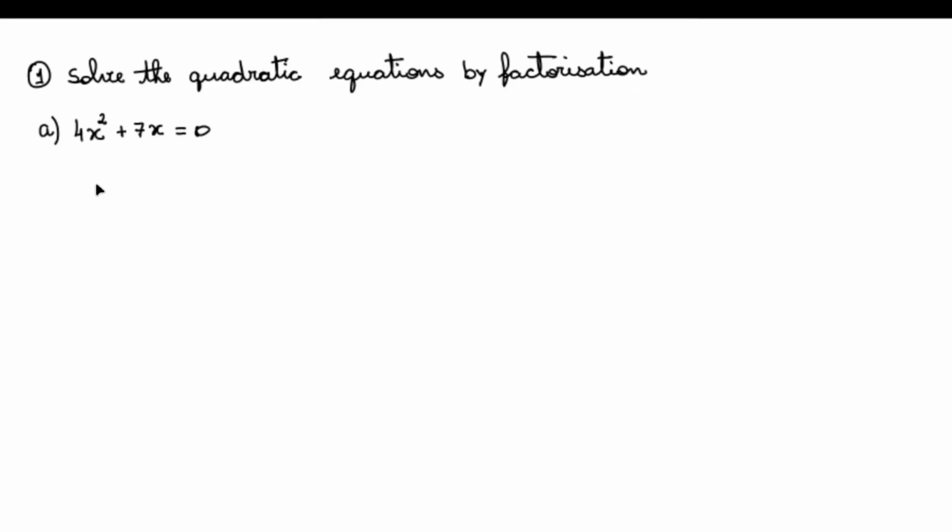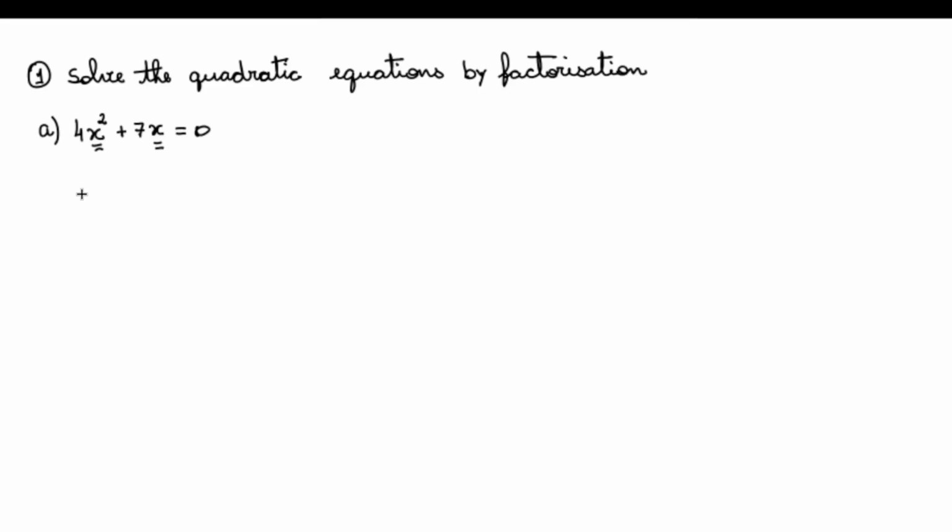First, we need to factor out the common term. Look at the terms 4x² and 7x. What do they have in common? The common factor is x.